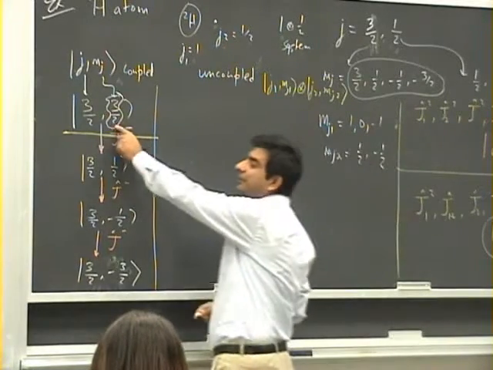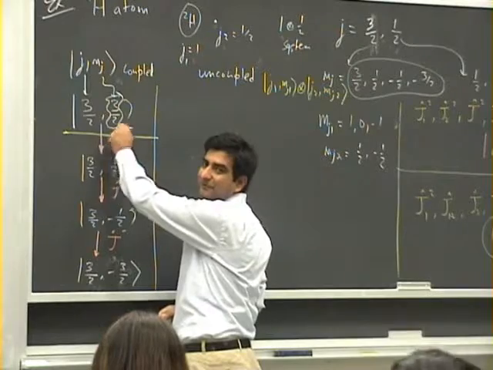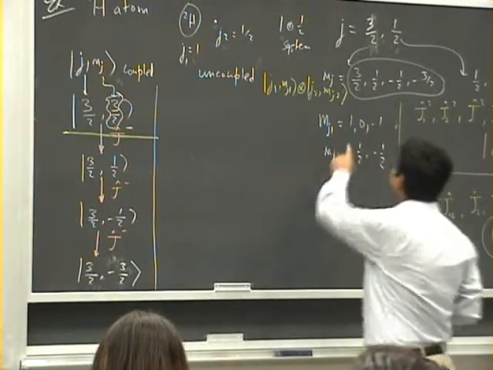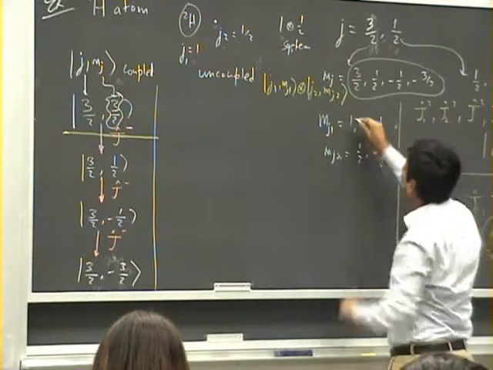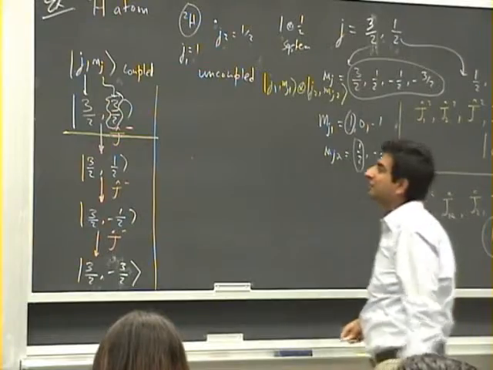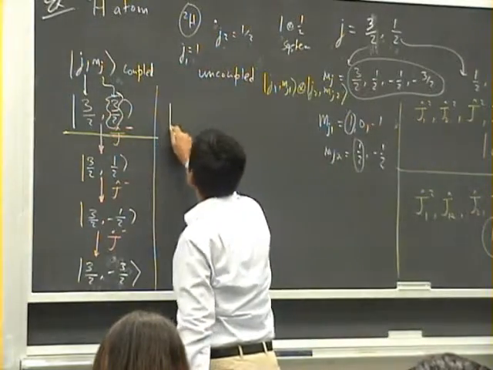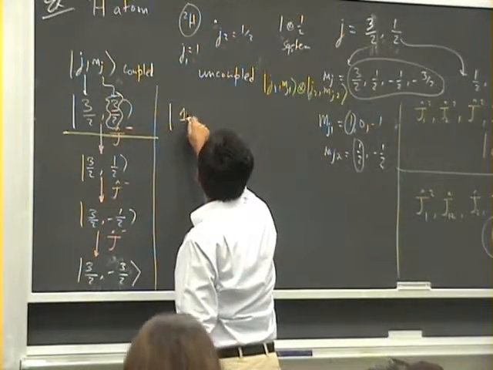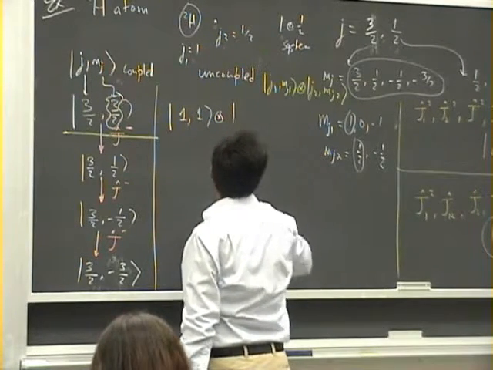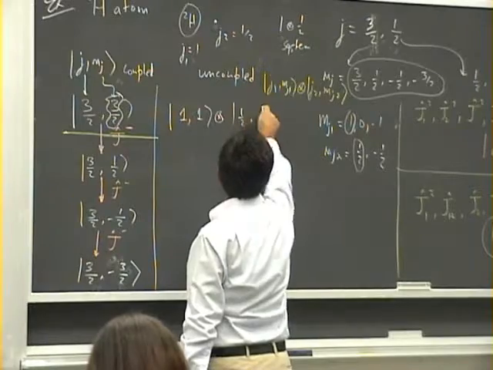So this maximum value of Mj for the total angular momentum can only be achieved when Mj1 is maximum and Mj2 is maximum. That is, this is 1 and this is half. So this straight away corresponds to 1, comma 1 direct product with half, comma half.